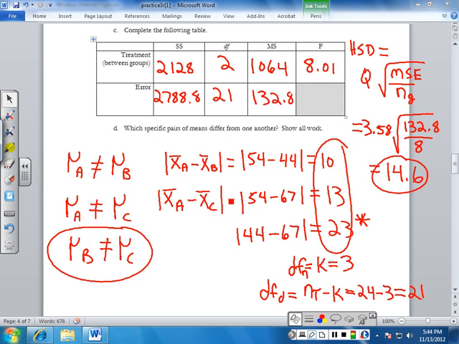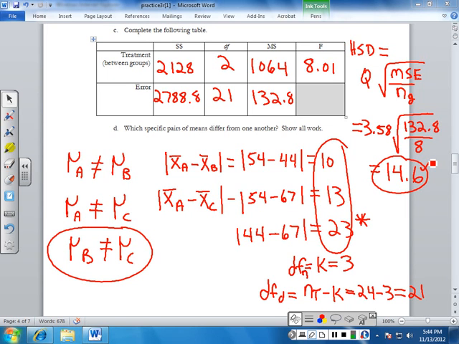So how far apart do they need to be before you can think of each one of these as an H_A? How far apart will I say this H_A is true, or I'm confident that this H_A is true? It's when the difference between sample means is larger than 14.6. And that only occurs for groups B and C.